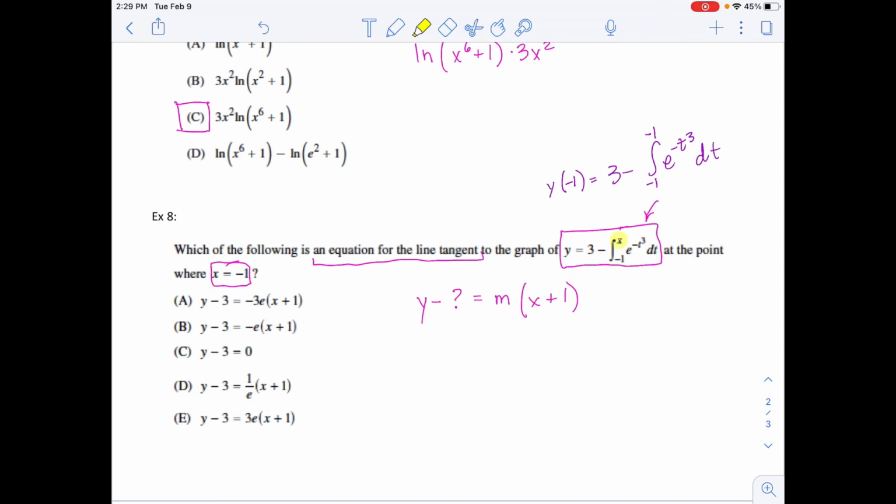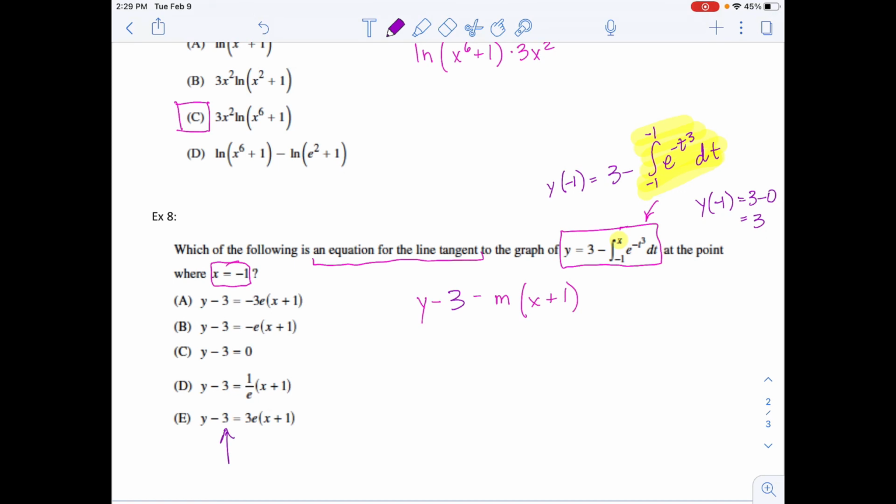The upper limit is the variable. And we know that this whole integral is going to be worth what? That is worth 0 because those limits match. So y of negative 1 is equal to 3 minus 0, which of course is just 3. So that means this question mark is 3. I'm on the right track because if I scan all the answer choices, they all start with y minus 3.